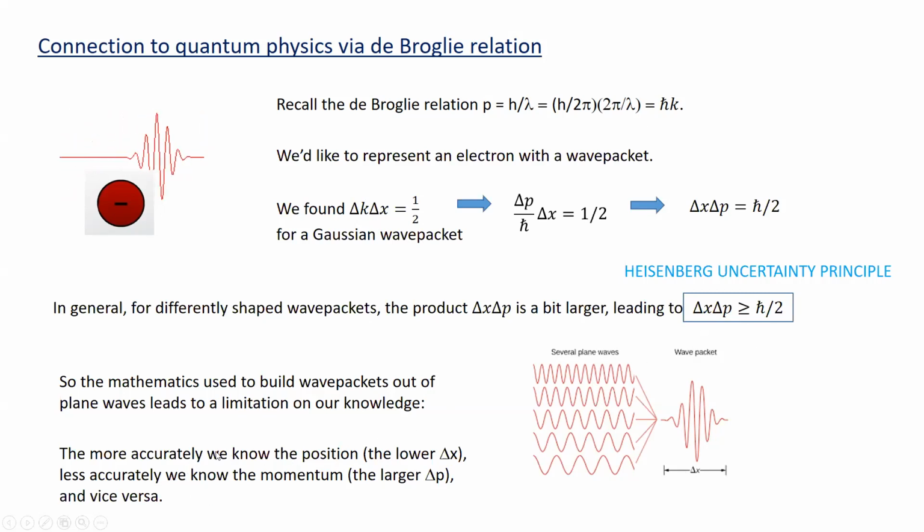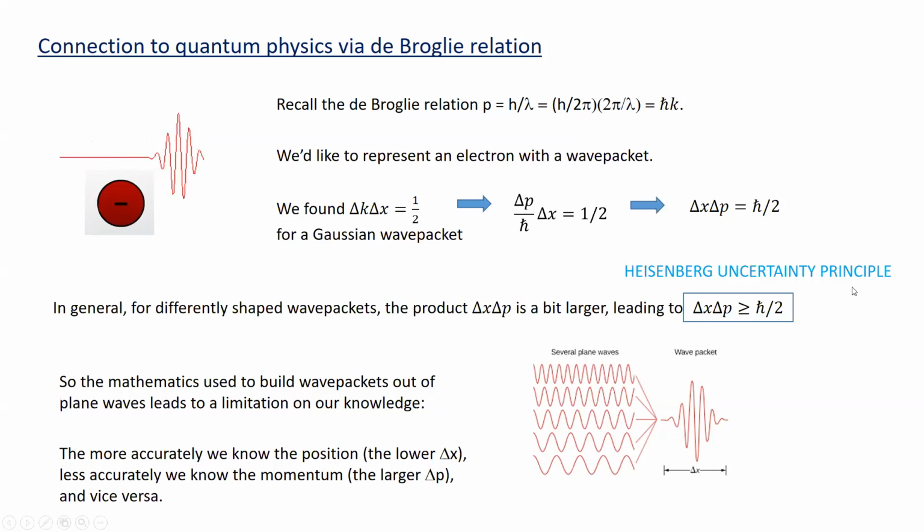The less accurately we know the position, the greater delta x, the smaller delta p, the better we'll know the momentum. And just to emphasize, this is in contradiction to classical physics, where there's no spread in position or spread in momentum. A given particle, we can nail down its, in principle, its position and momentum to arbitrary accuracy.